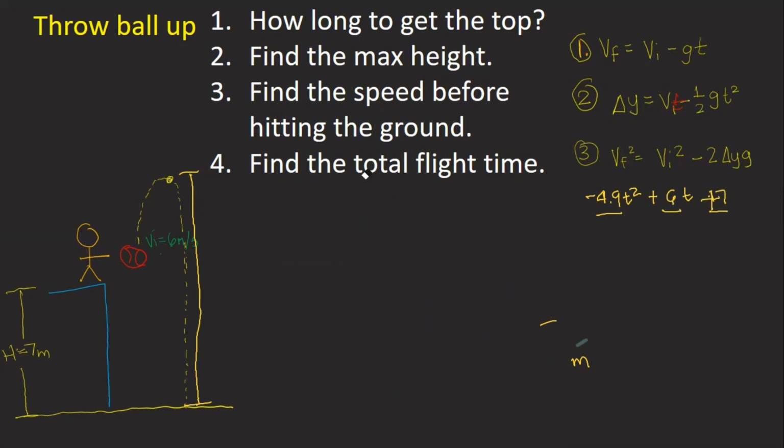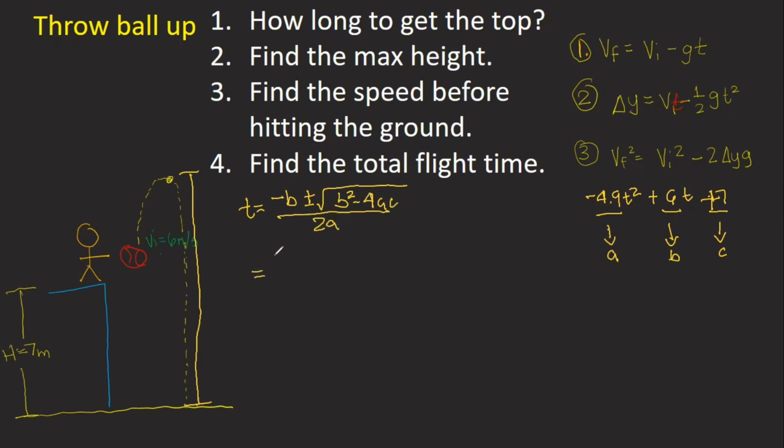In solving for the value of t, we can use the quadratic formula. The one partner with t squared represents a, the one partner with t represents b, and the constant represents c. So using the quadratic formula, t equals negative b plus or minus the square root of b squared minus 4ac, over 2a. So this is the formula.